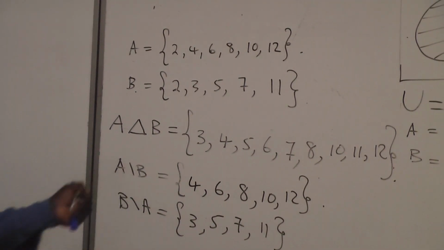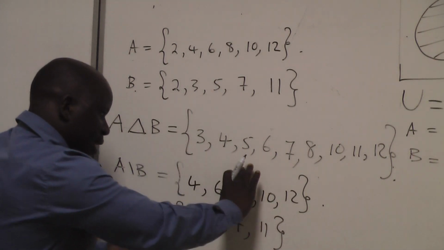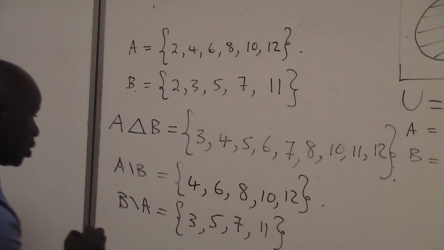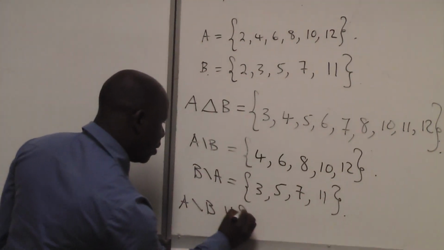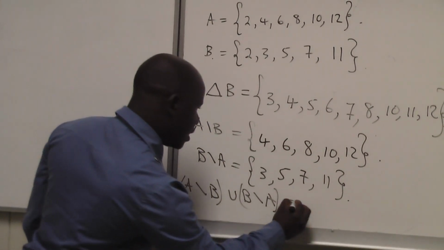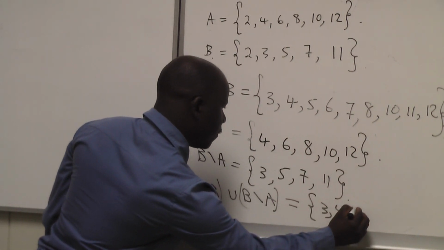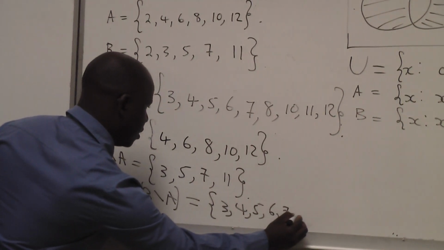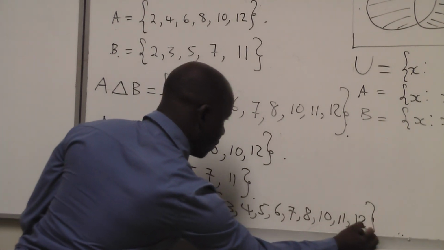So if we unite this, what is the union? Union all elements in this set and also in this set, but we must make sure we don't double count. So A difference B union B difference A, which we said is the symmetric difference, will be the set 3, 4, 5, 6, 7, 8, 10, 11, and finally 12.